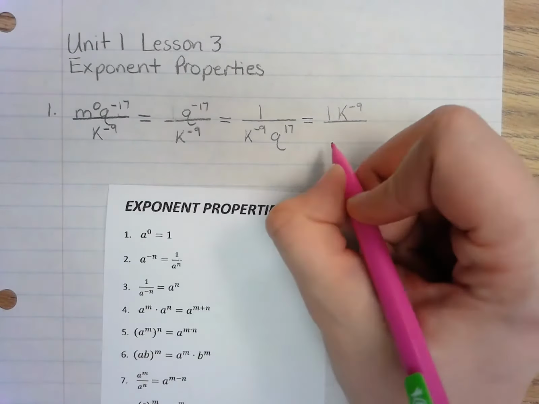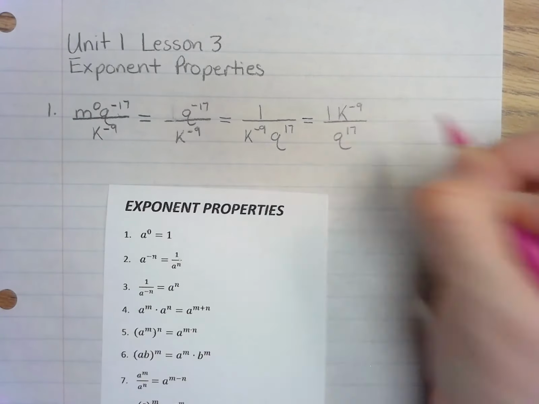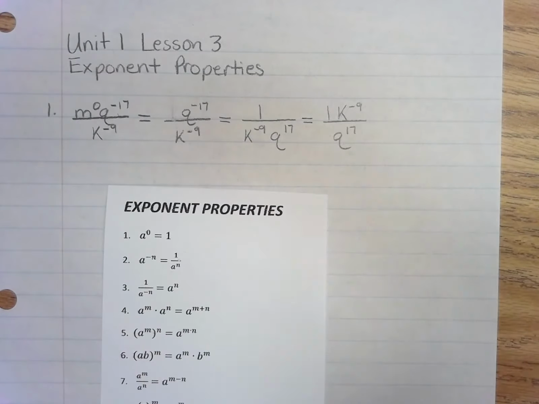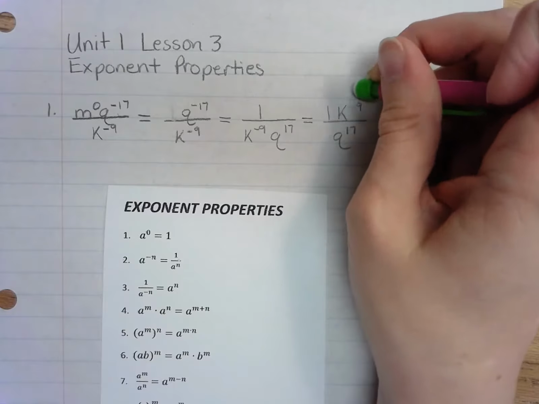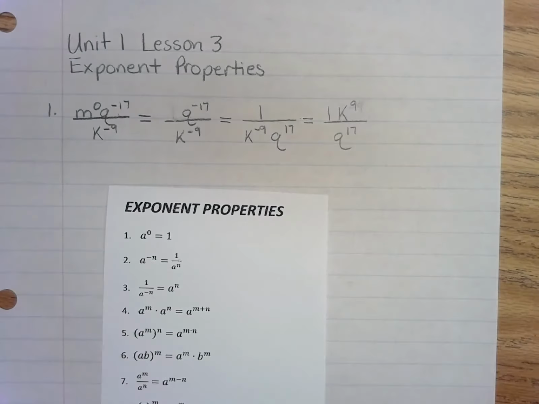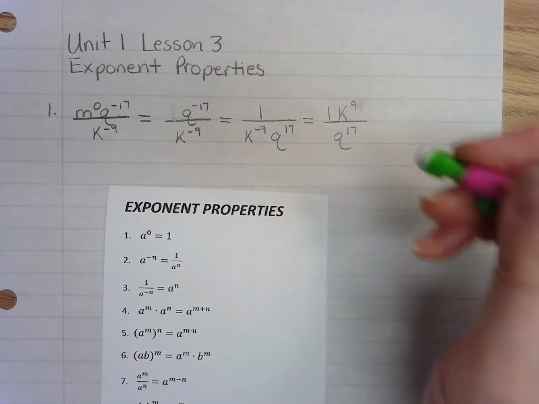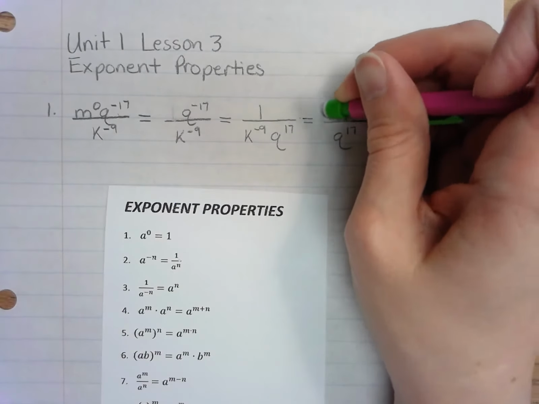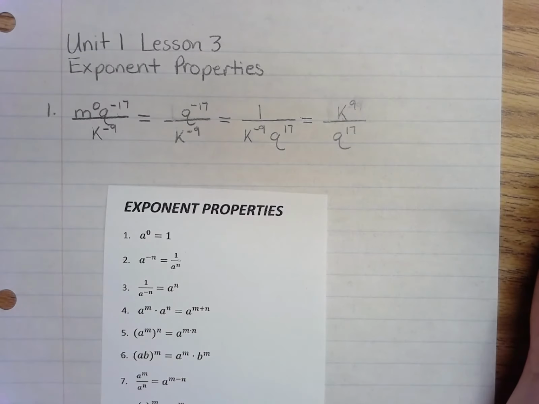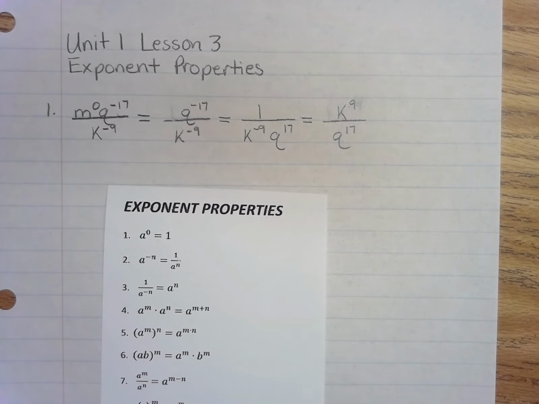The q to the 17th will stay in the denominator because only the k to the negative 9th moves and actually moves to a positive exponent, so I need to write positive 9. So our final simplified answer would actually be, without the 1 as a coefficient, k to the 9th over q to the 17th, our simplified answer using exponent properties.